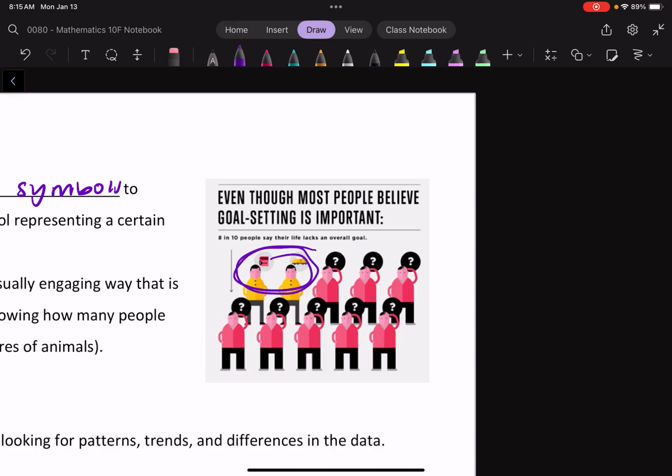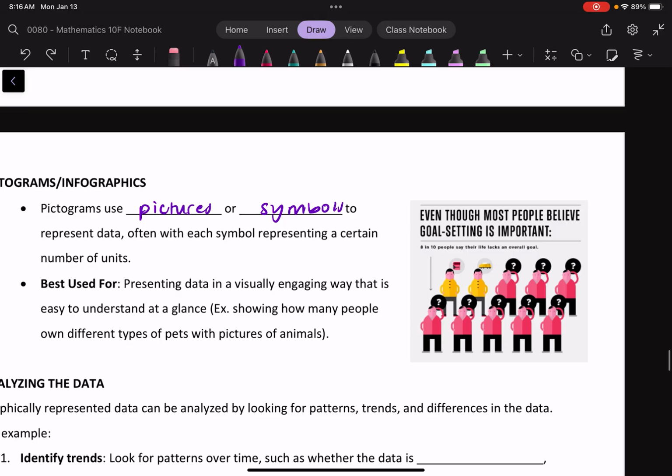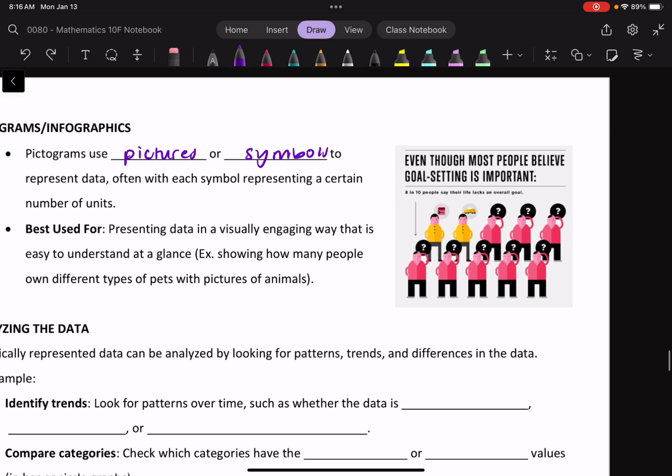Without even reading, without even looking at anything, all I need to be able to do is count and go, okay, there's 2 different out of 10 that are going on here. Now, pictograms are best used to represent data in a visually engaging way that is easy to understand at a glance.